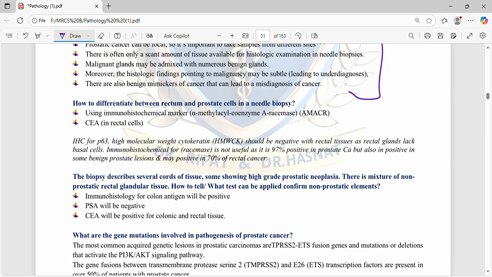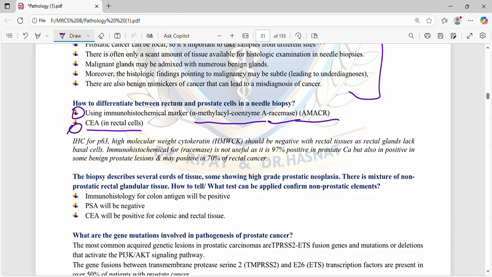How to differentiate between rectum and prostate cells in a needle biopsy? Using immunohistochemical markers: alpha-methylacyl coenzyme A racemase, AMACR. So on immunohistochemistry you will find this in prostate CA; this will be in prostate, this will be in rectal cells.